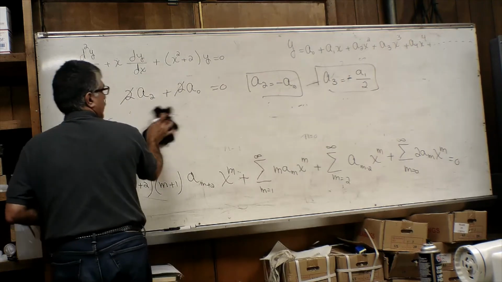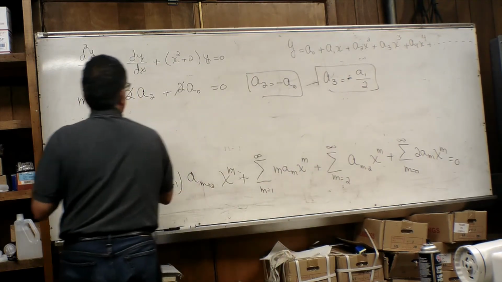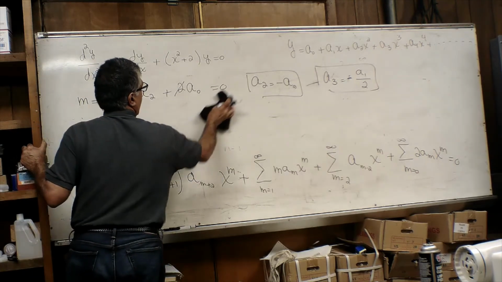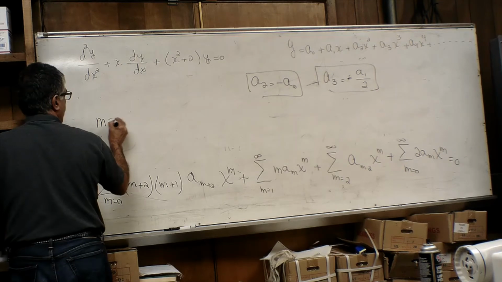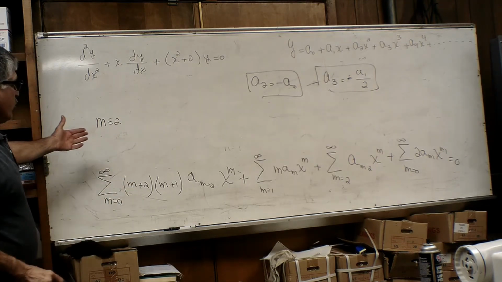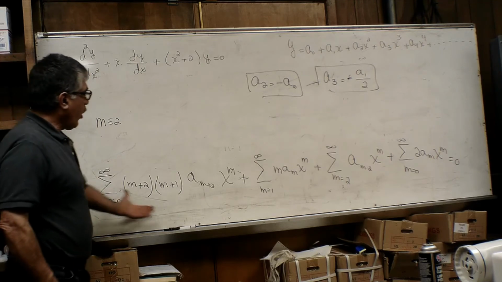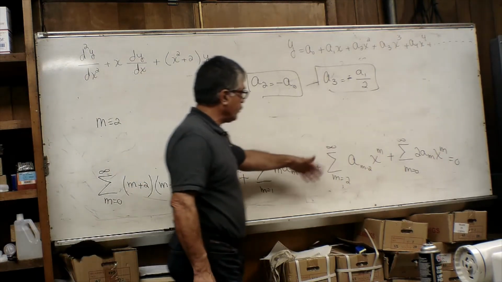Now let's go ahead and do it for m equal to 2. For m equal to 2, it really applies to all the summations. This is from 0 to infinity, 1 to infinity, 2 and 0.